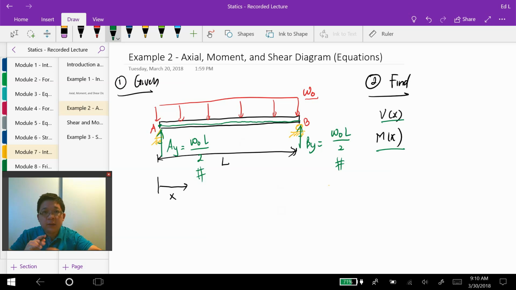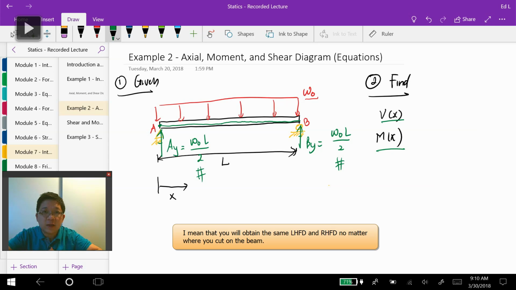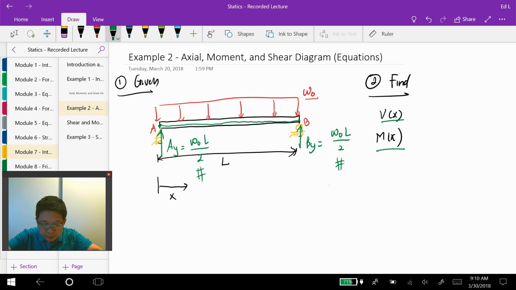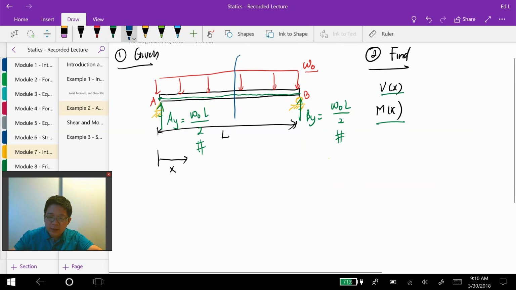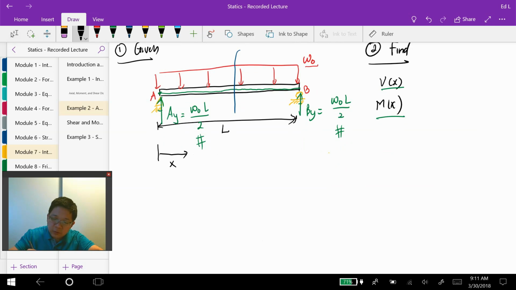When we make a cut, it will give us the same cut whether it's the left-hand or right-hand free body diagram. It means that we can cut anywhere within the span of the beam, and when we make that cut, it will expose us to the left-hand free body diagram and the right-hand free body diagram.